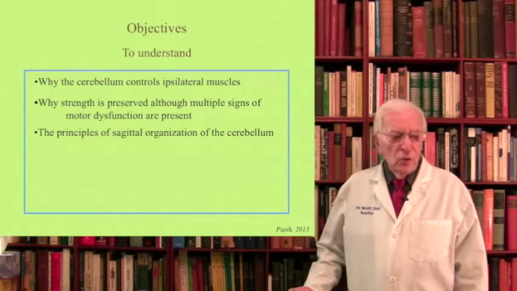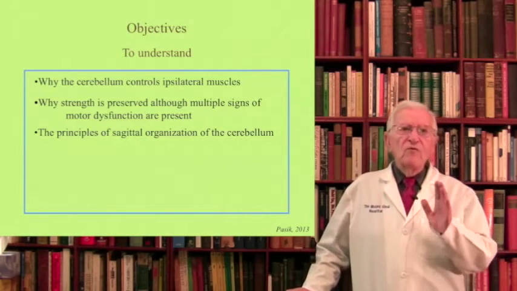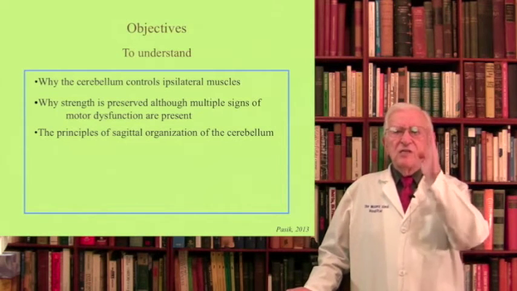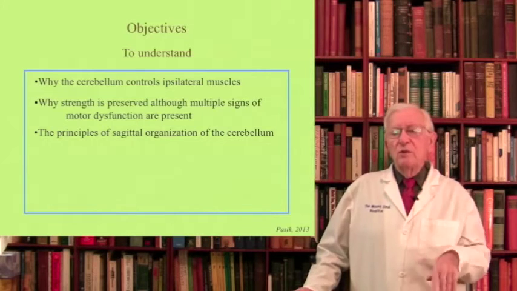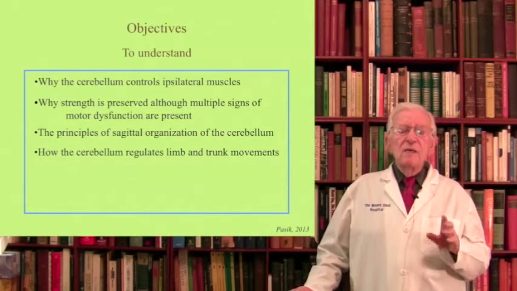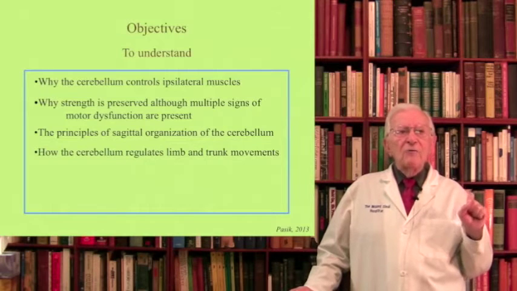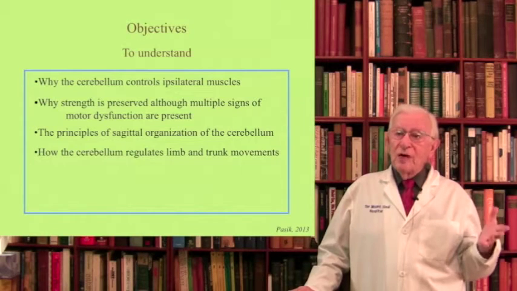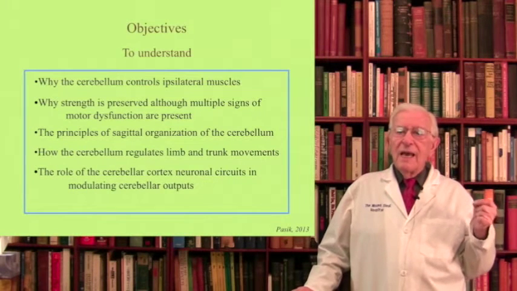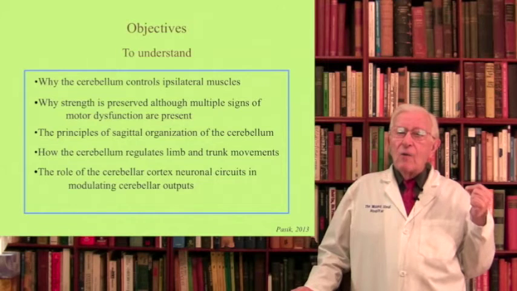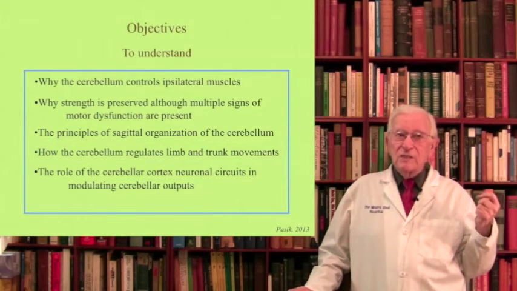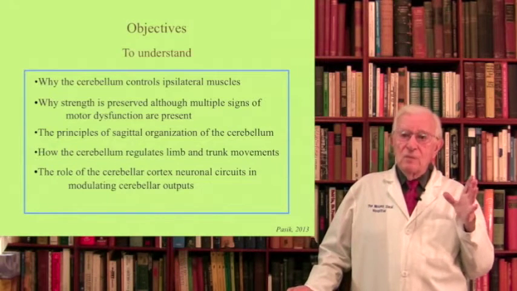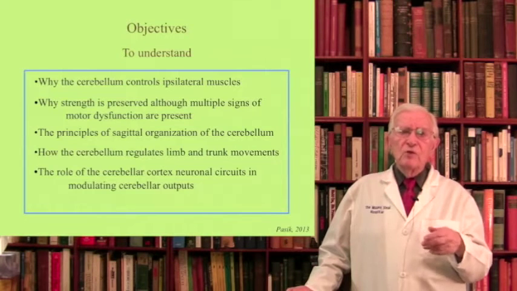Now, we also have to study the cerebellum in terms of its organization, which follows the principles of sagittal slabs. We'll know soon what it's all about. Then we will focus on how the cerebellum controls limb movements and how it controls trunk movements, and how the workings of the cerebellar cortex, which were used, as I said before, as models for neural networks, modulate the output of the whole machine.